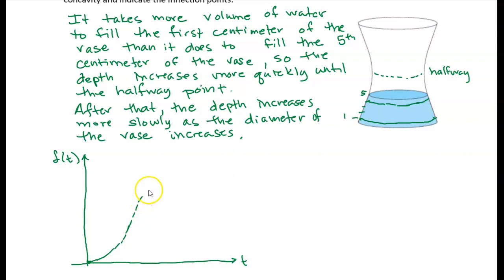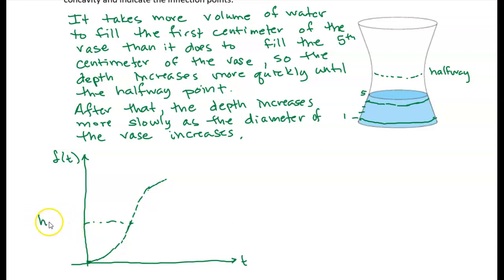So if we graph that, it's going to grow more slowly over time. This point right here is essentially the halfway mark of the vase, where the rate at which the depth is increasing changes.